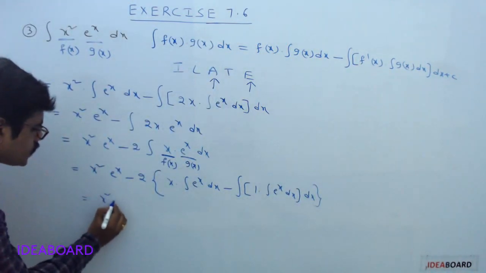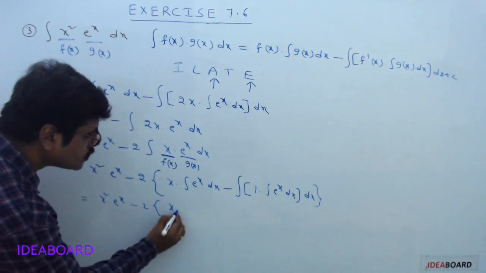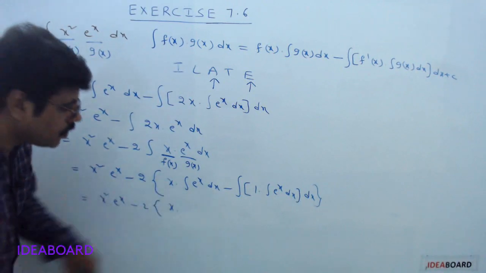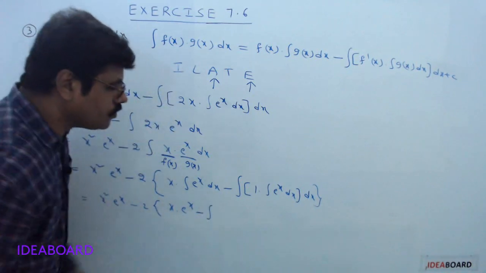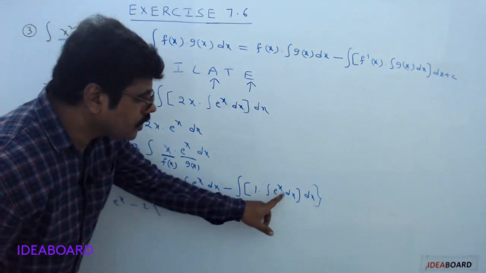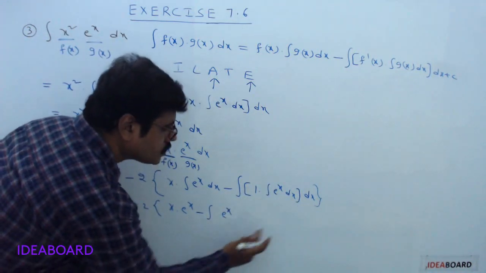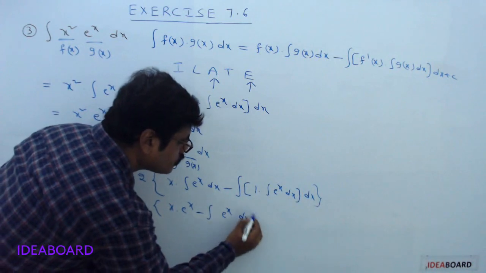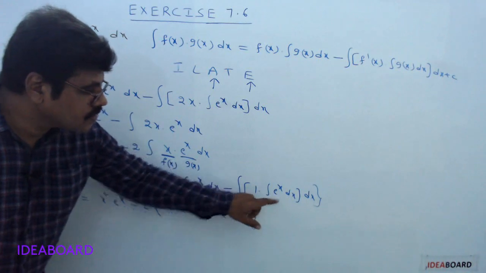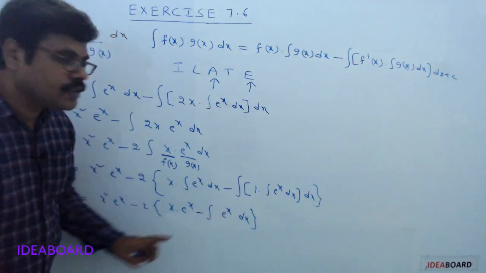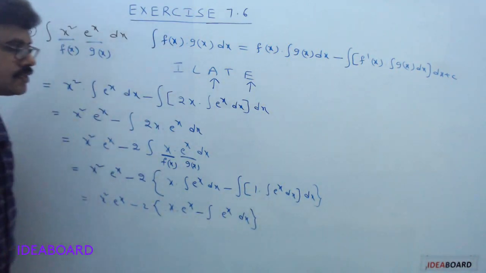Now this equals x square into e power x minus 2 into x into integral e power x dx, which is e power x, minus integral of 1 into integral e power x dx. Integral e power x dx is e power x into dx. 1 into integral e power x dx is integral e power x dx. Integral e power x dx is e power x.